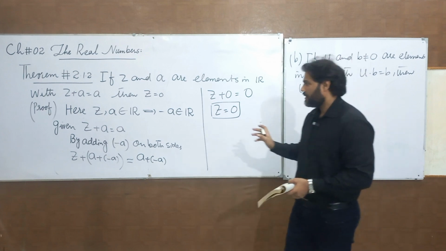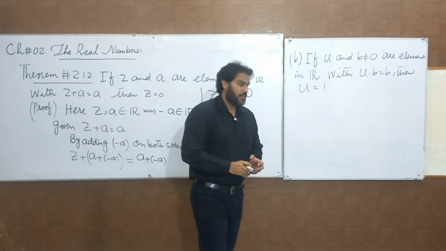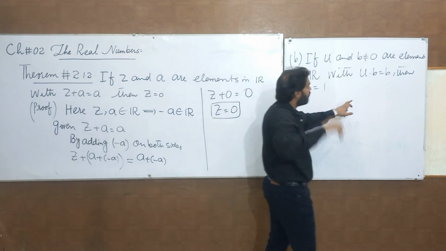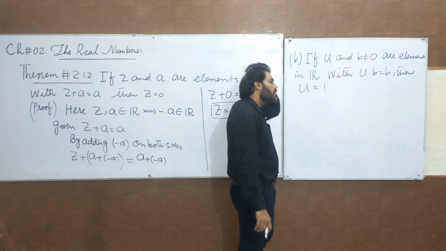So as in the first part, we will show that if this equation holds, u into b is equal to b, then the value of u is 1.